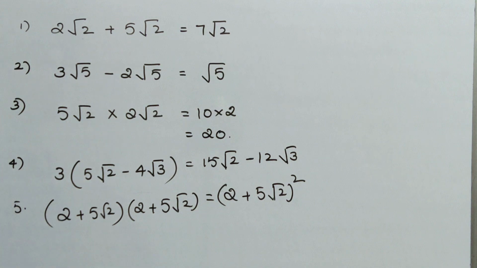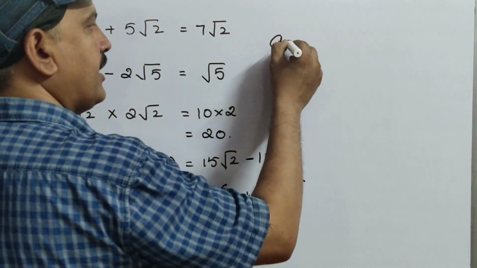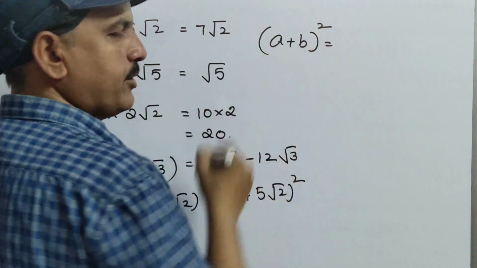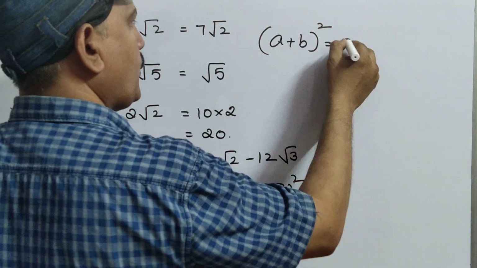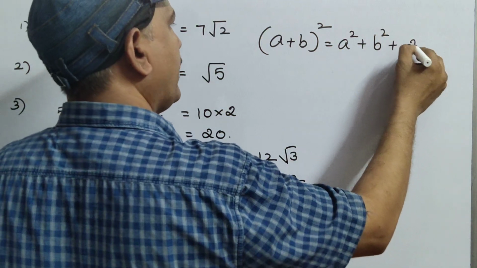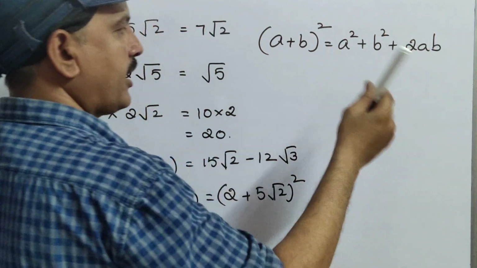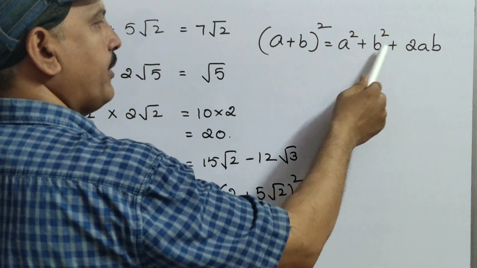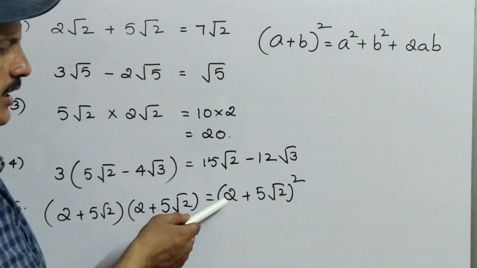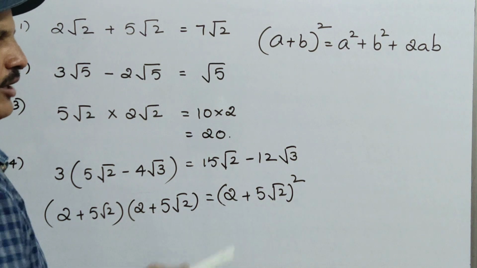So 2 plus 5 root 2 is looking like which formula? A plus B whole square. So what is the A plus B whole square formula? A square plus B square plus 2AB, or you can write A square plus 2AB plus B square, anything, same. Now here A is 2 and B is 5 root 2.